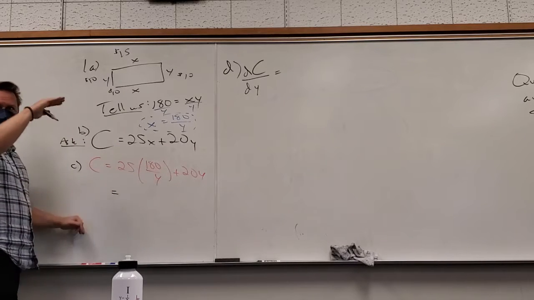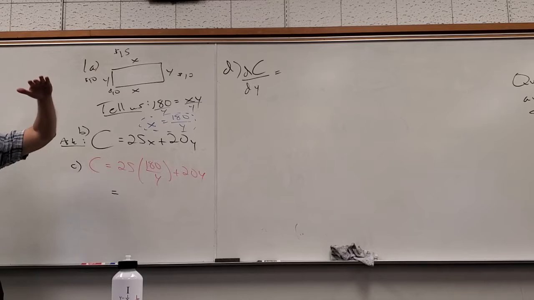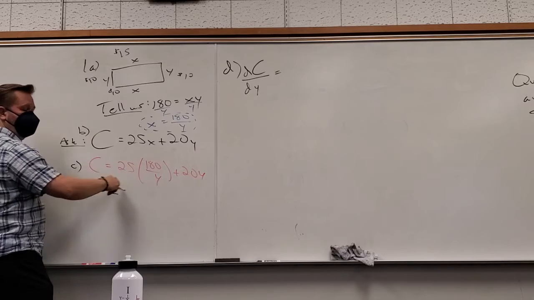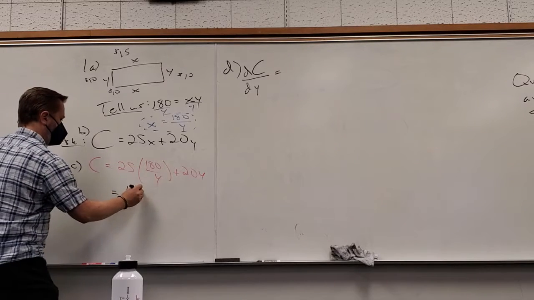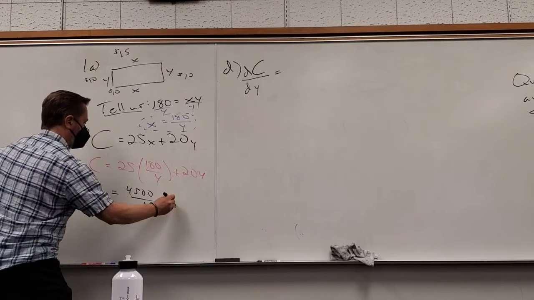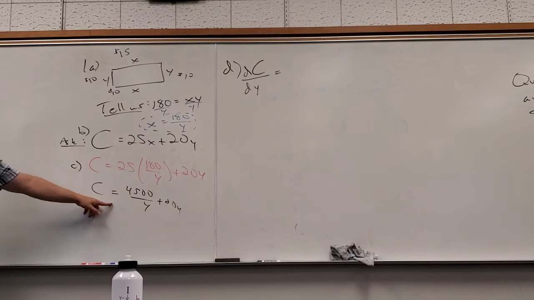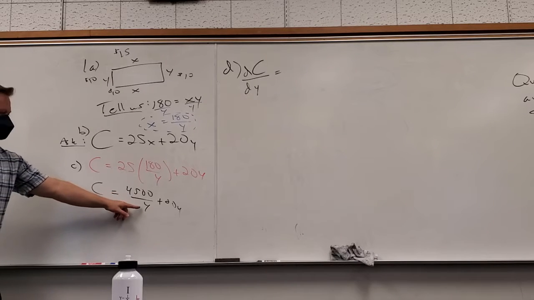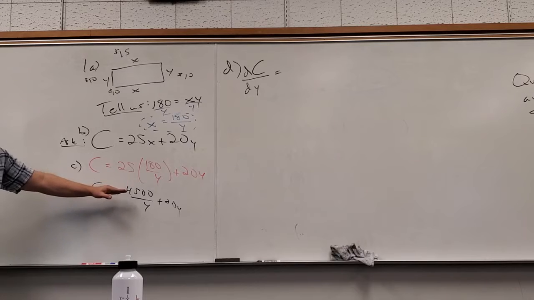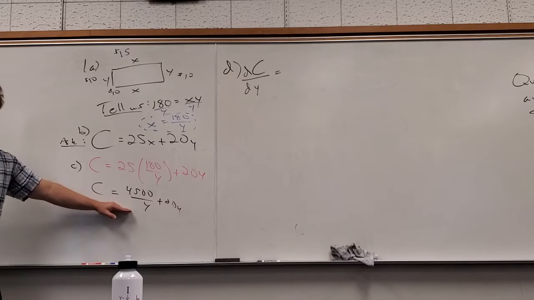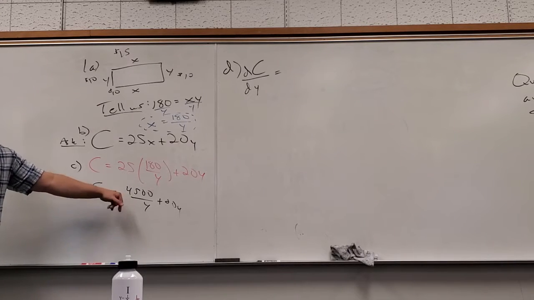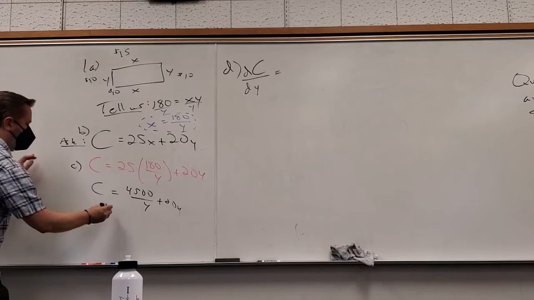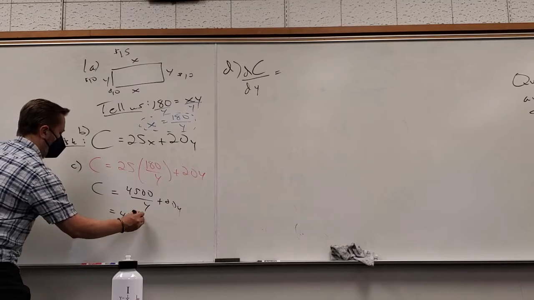You guys know that trick? It's 4,500. So what is the derivative of this? Negative 4,500 over y squared. It's already on the bottom. So you could rewrite this as 4,500 y to the negative 1.